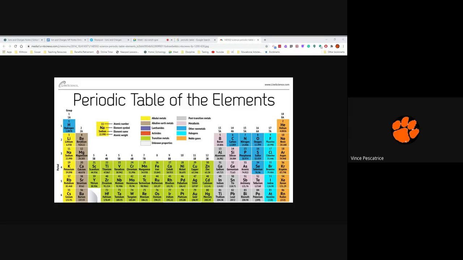So polonium is 16. If I get rid of the 1 in front, it will give me 6. So 2, 4, and 6 valence electrons is what we're going to be looking at when we go through this table.